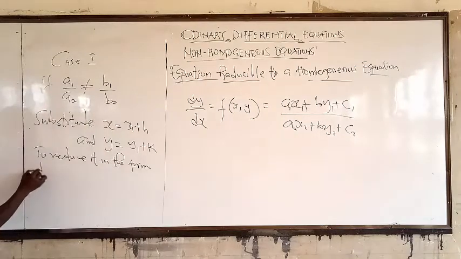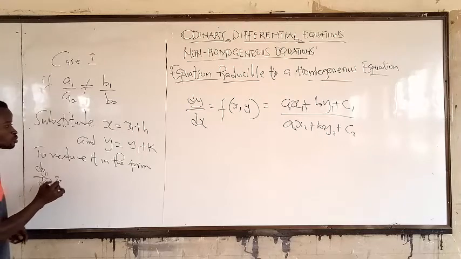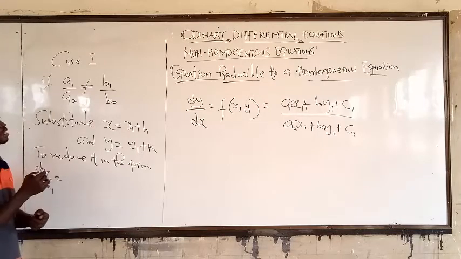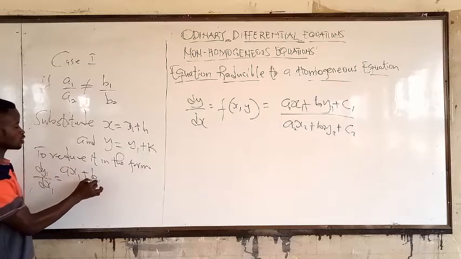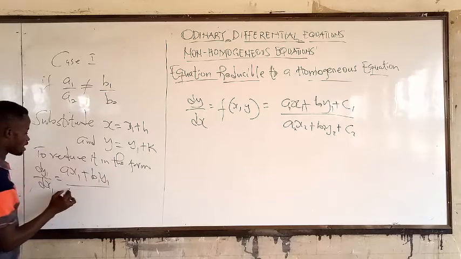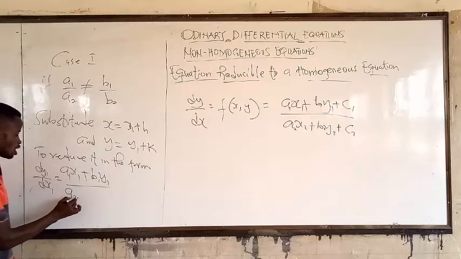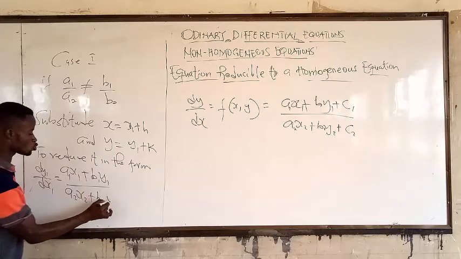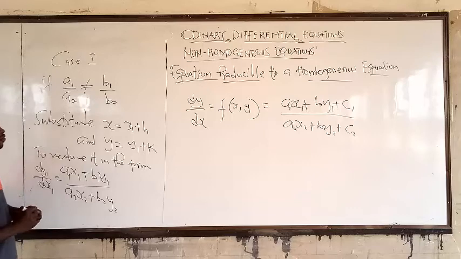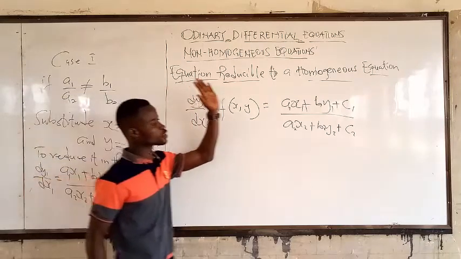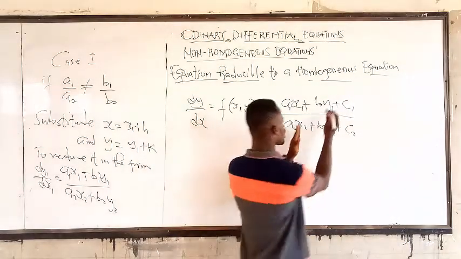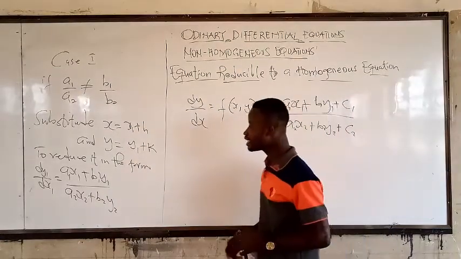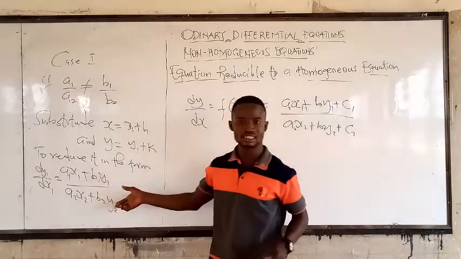So we are going to get y1 over x1 to be equal to, after the substitution, something like a1x1 plus b1y1 over a2x2 plus b2y2. We are going to get rid of this constant and pick only this part to be our homogeneous equation.